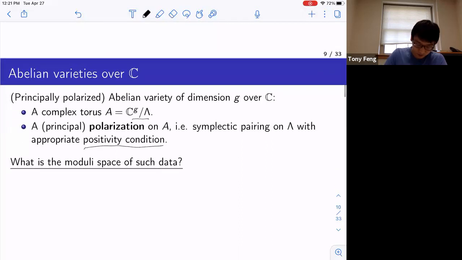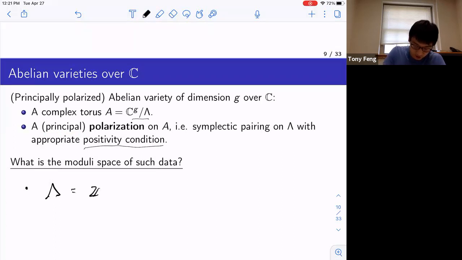So what we've seen is that I have to give the data of a symplectic lattice Lambda inside a complex vector space. First of all, this word principal means that Lambda is going to be a perfect symplectic lattice integrally, and there's only one such thing up to isomorphism.